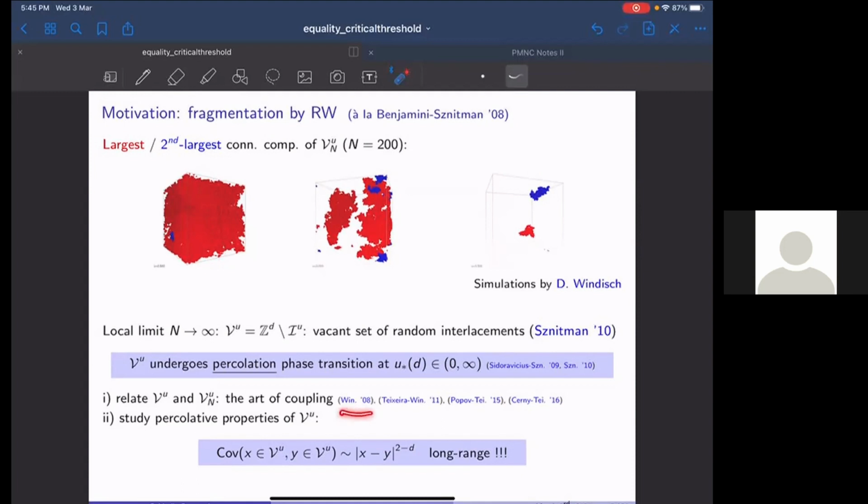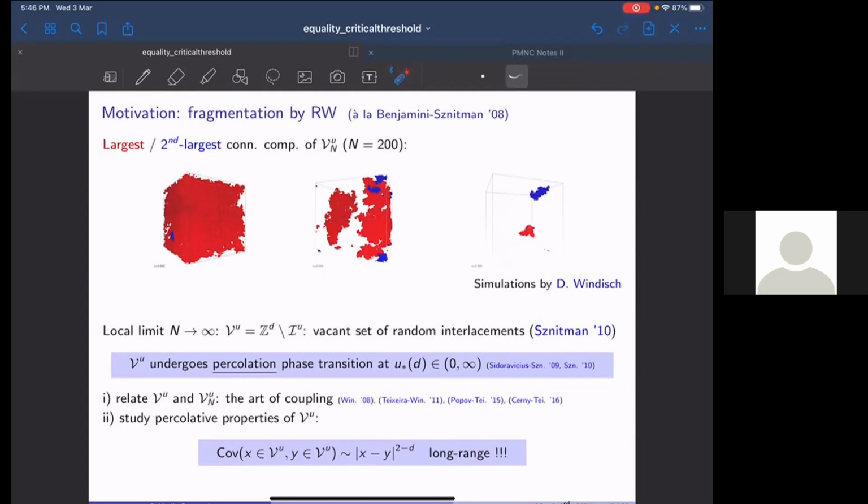This became better and better by a series of works that I mention here, culminating in this one, Sznitman and Teixeira in 2016. What this enabled was a dictionary where results obtained for this vacant set, this percolation, could be translated to answer similar questions for the disconnection problem on the torus, which has a much more natural appeal.